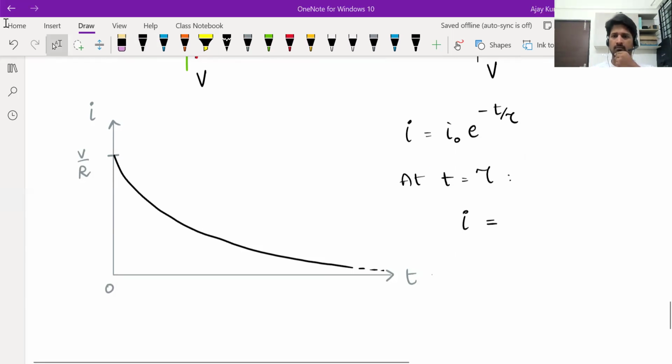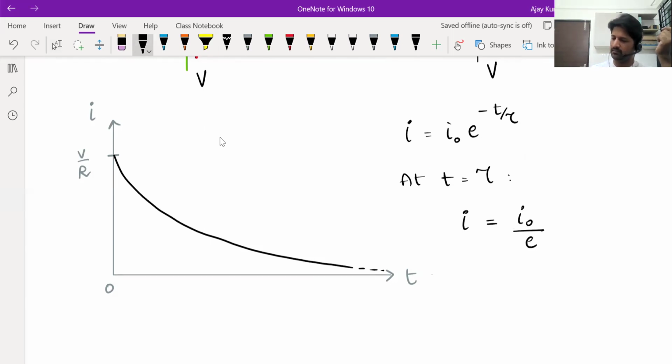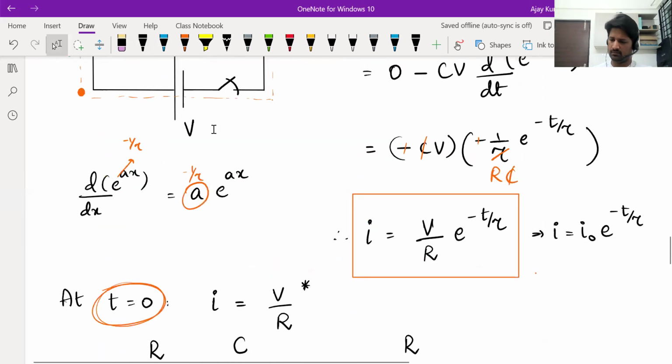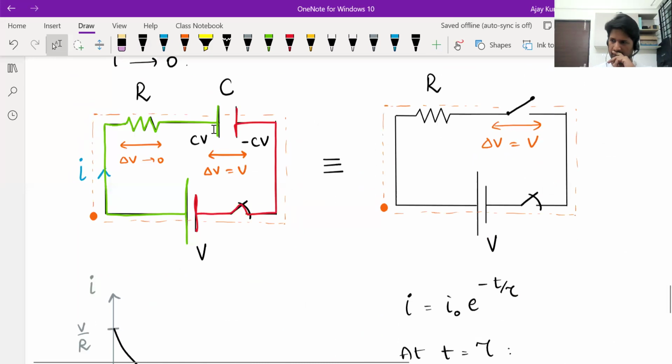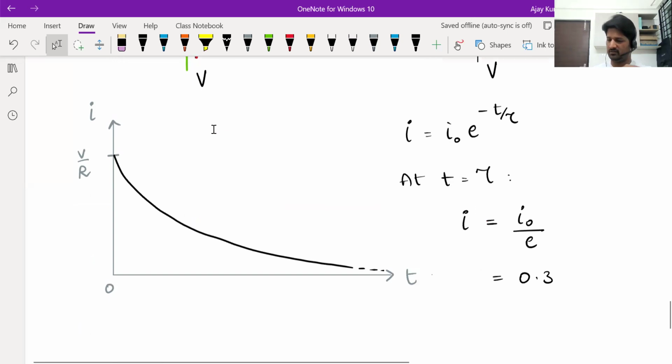Okay, t equal to tau, it becomes I equals I naught e power minus 1, that is I naught by e, and we just discussed 1 by e is 0.37. 0.37 or 0.63? 0.37 only, no? 1 by e is 0.37.